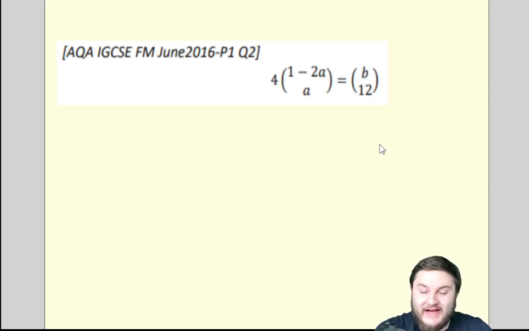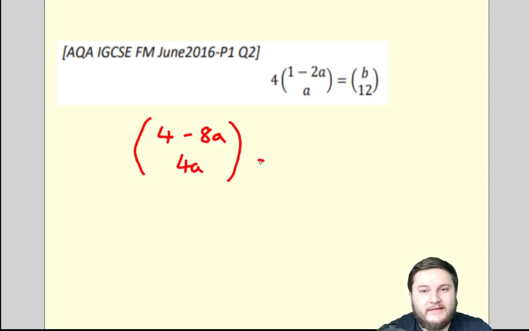So we can use the ideas that we've just talked about, but this time we've got to work out missing values. Okay, so we multiply the scalar multiple by the vector in this case, so we get 4 minus 8a over 4a is equal to b 12.